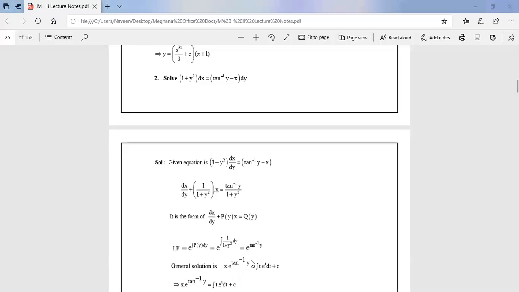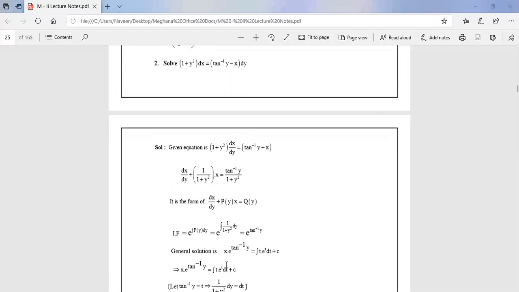Now the general solution. We identified that it is in the form dx by dy plus p of y into x is equal to q of y, a linear differential equation of first order in x. In this case, the general solution is x into integrating factor is equal to integral q of y into integrating factor dy plus c.